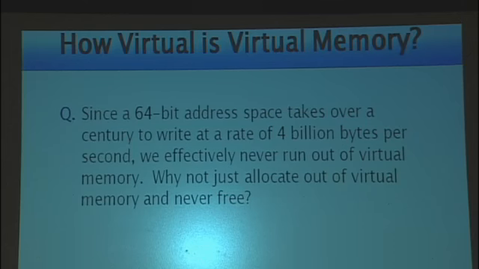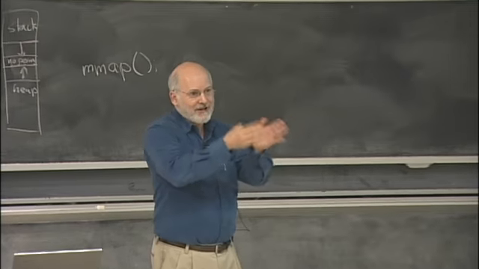So really, at something like 4 billion bytes per second, it takes over a century to write all of virtual memory. So as a practical matter, that means I never run out of stack space. I never run out of heap space. They're never going to cross, no matter how much I'm allocating.